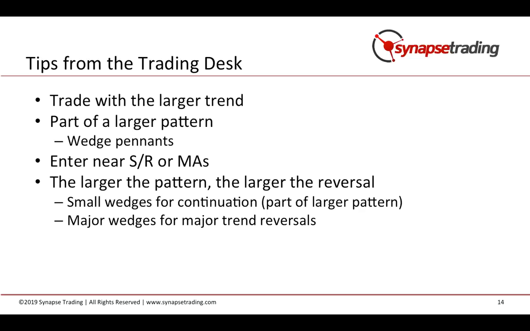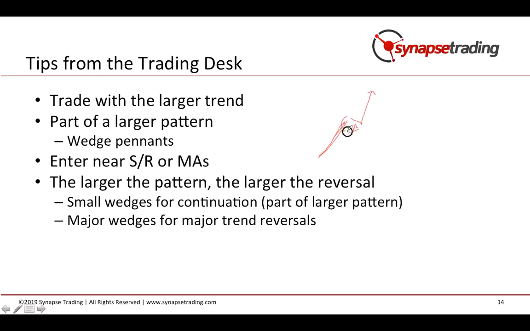Which leads to the next part. If the wedge happens to be part of a larger pattern, for example a pennant. The pennant, if you recall, is like a small triangle. If this is a price move, the pennant is a small triangle, followed by another strong move.